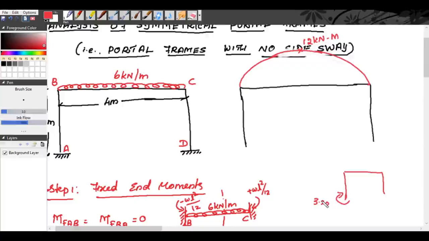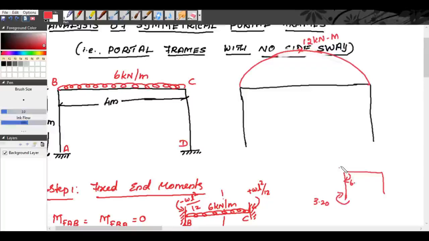For BA it is plus 6.40 clockwise. Then for BC it is minus, anti-clockwise.